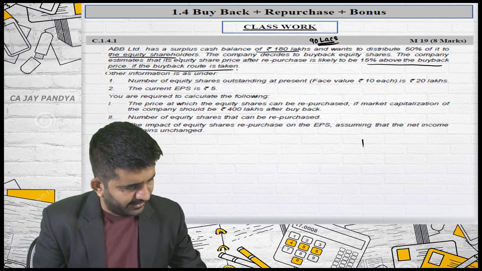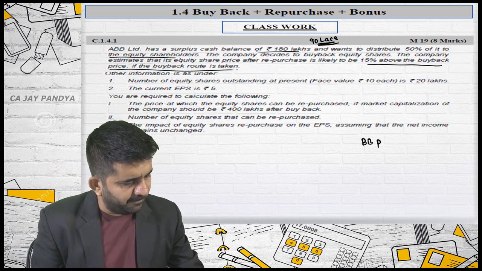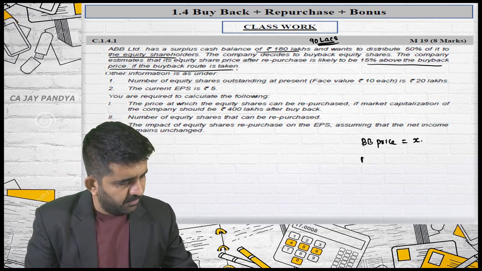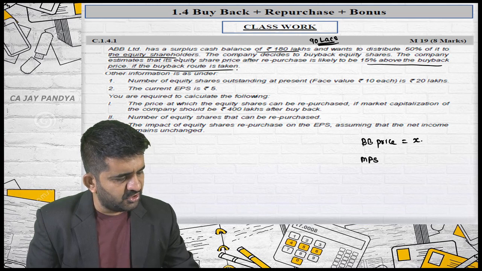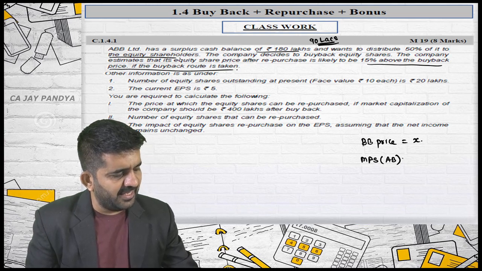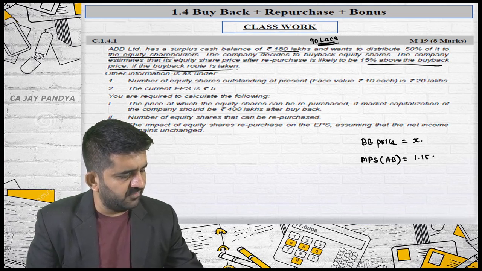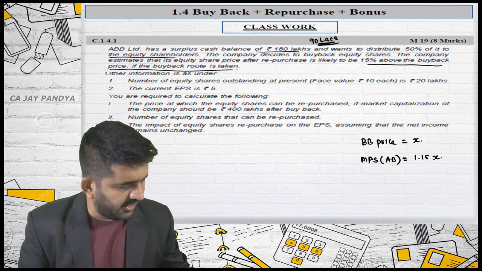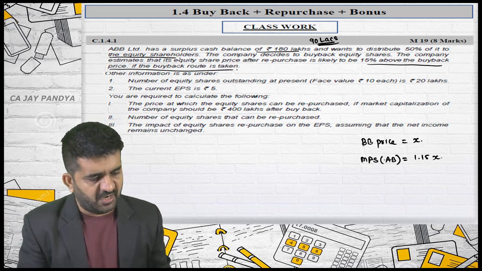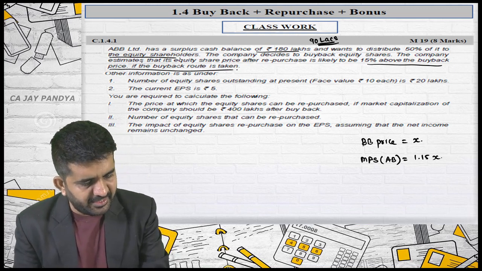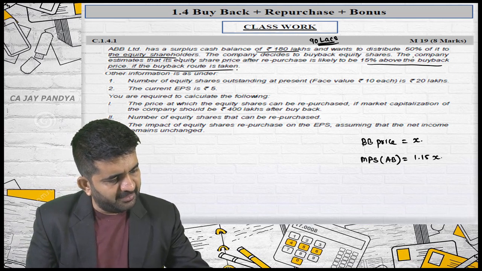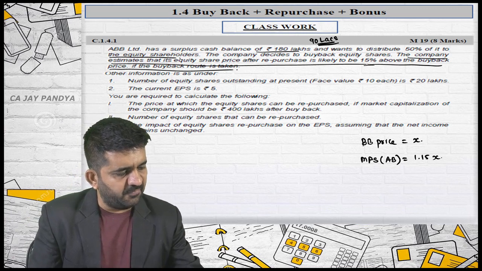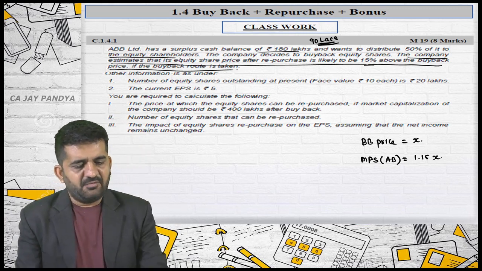Please understand: if your buyback price is X, which is not given, then the market price of the share after buyback will be 1.15X, which is 15% more than 1X. So this will be the market price of the share after buyback.